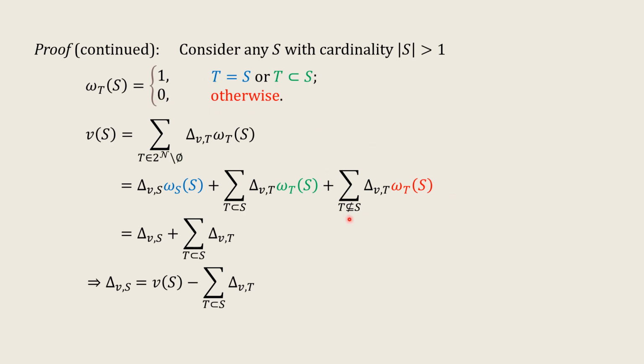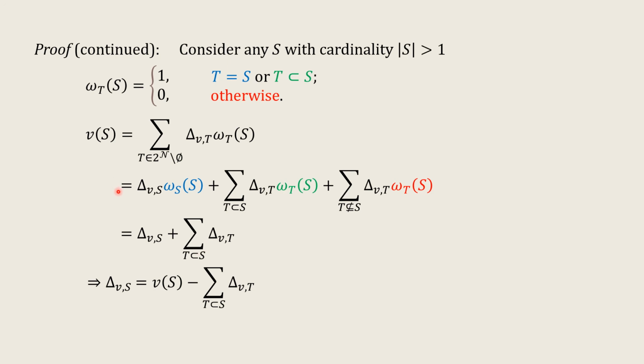So this third term contains all zeros here. Omega T of S is always zero, and here it's 1 and here it's 1. So we have V of S equals, so this first term here is delta of S, plus the summation over all proper subsets T of S of delta T. This omega T S is equal to 1, so we just drop it.